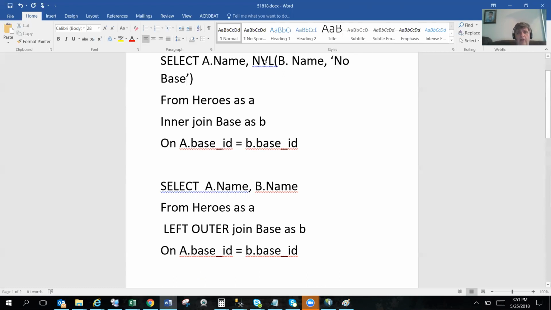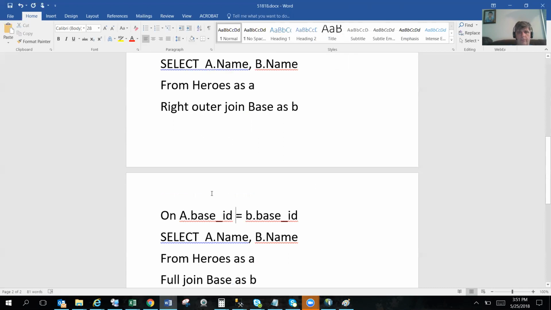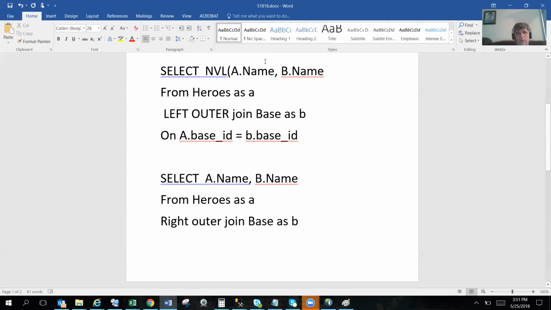The NVL function allows you to remove any instances of nulls that would pop up. Same thing here, you do NVL, comma, no hero.